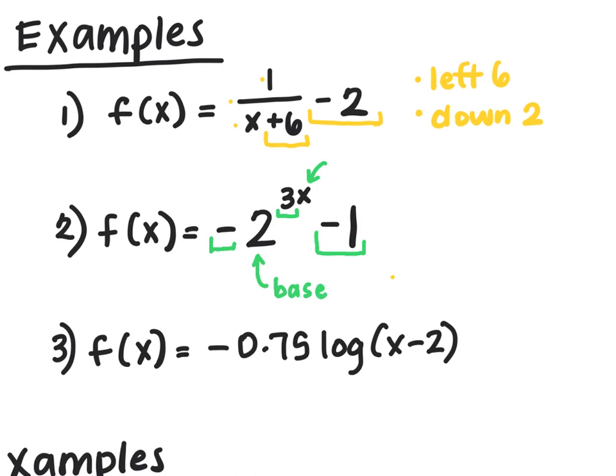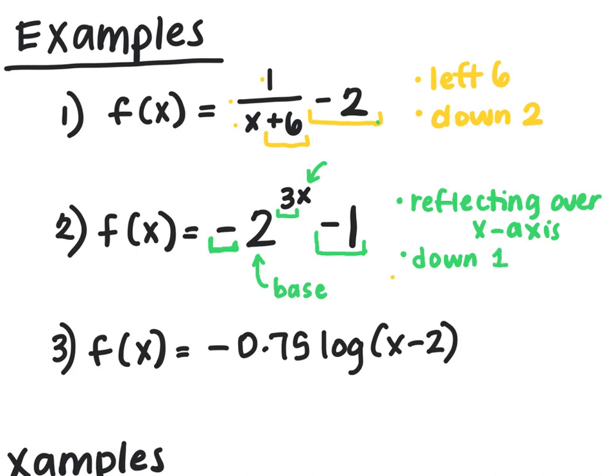I said when I have a negative outside of my equation, that means I'm reflecting over the x-axis. This minus 1, just like this minus 2, y'all, it's my k. So that means I'm going to move down 1.